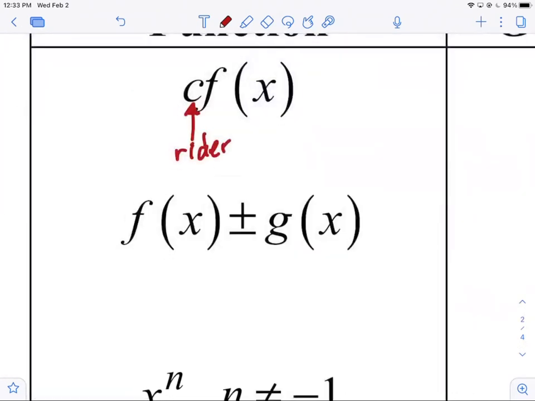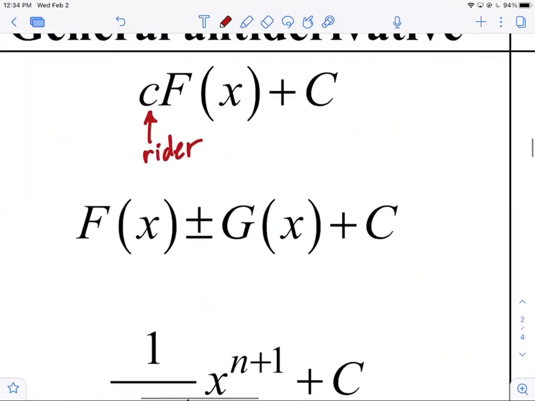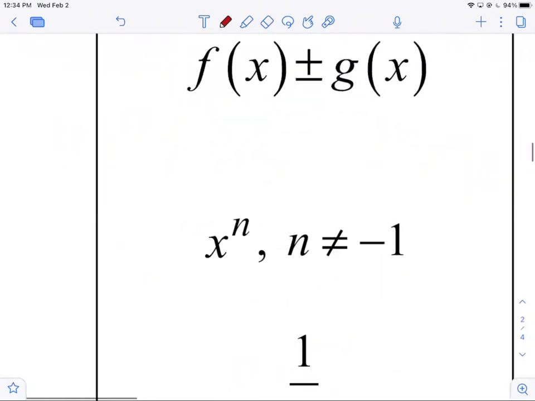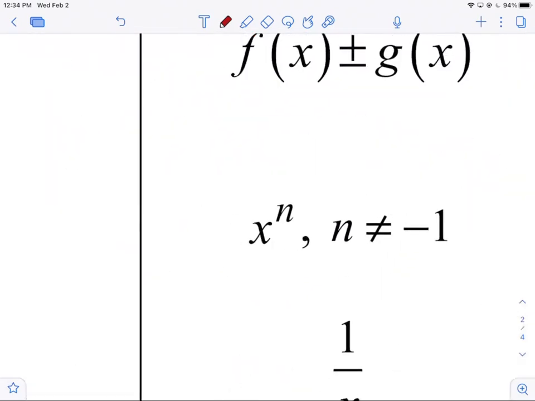This was nice. If we have multiple terms, just like we can take the derivative of it, term, boom, boom, boom down the line, we could divide and conquer as well if they're terms, added or subtracted. So the antiderivative of little f plus or minus little g is going to be big F plus or minus big G, plus a constant, of course, plus C. Here's the power rule, right? You can even augment it.